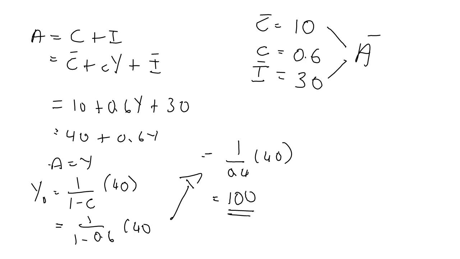But now they've added government spending. So therefore, our equilibrium changes. And now instead, y0 is equal to the multiplier. Let me start again. It's y, the equilibrium of income, equals your multiplier times your autonomous spending.